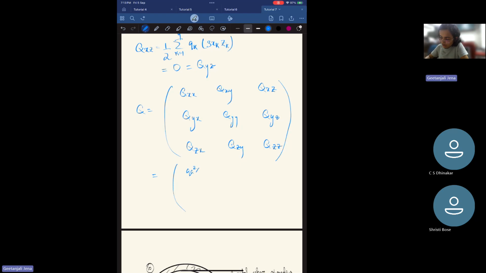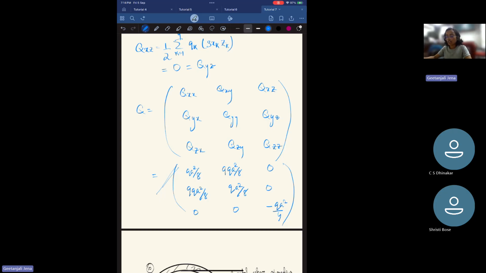This is q squared by 8, 9q squared by 8, 0, 9q squared by 8, sorry, q squared by 8, 0, 0, 0, minus q squared by 4. So this is what you should get at the end.